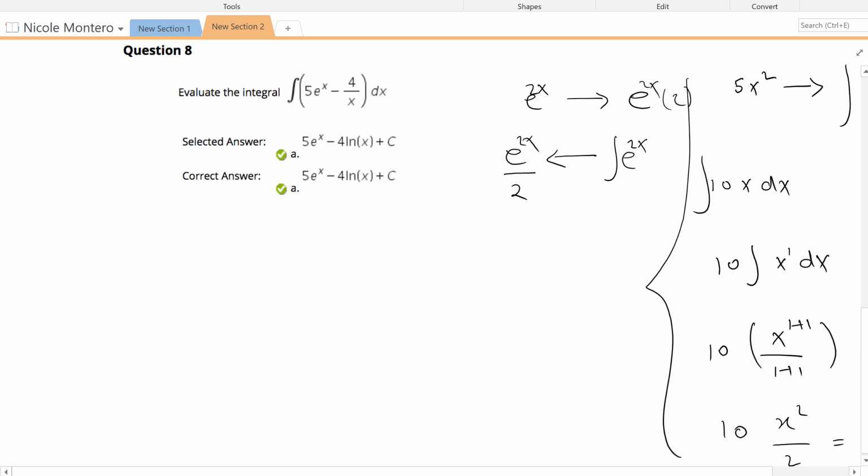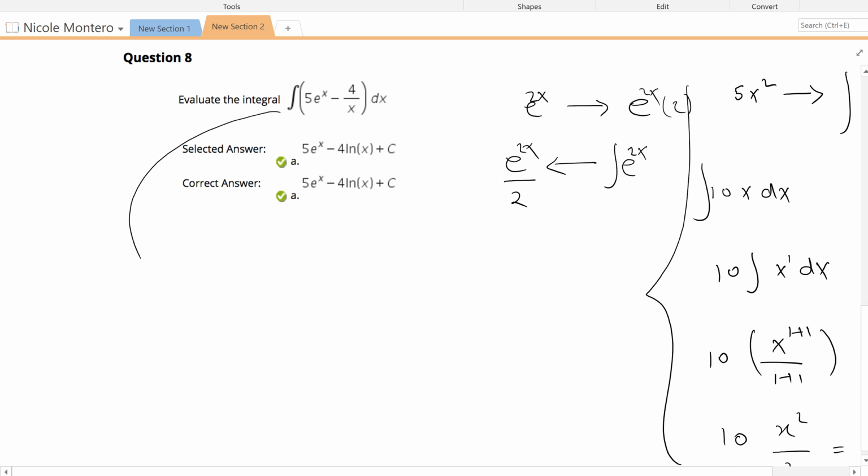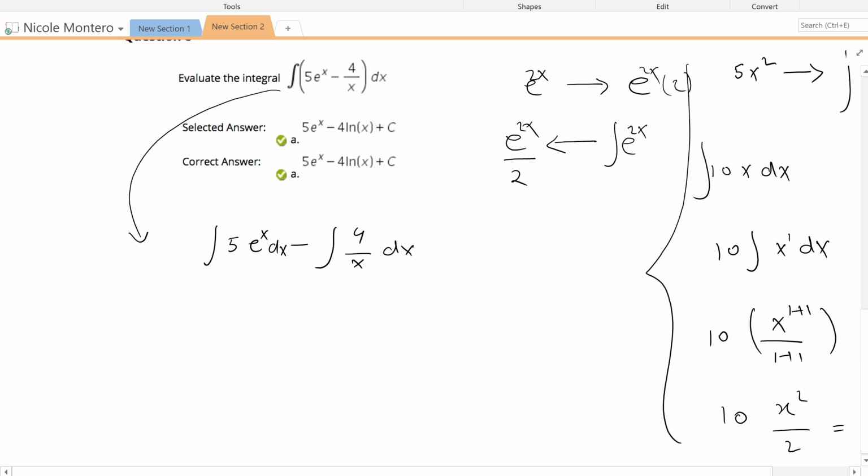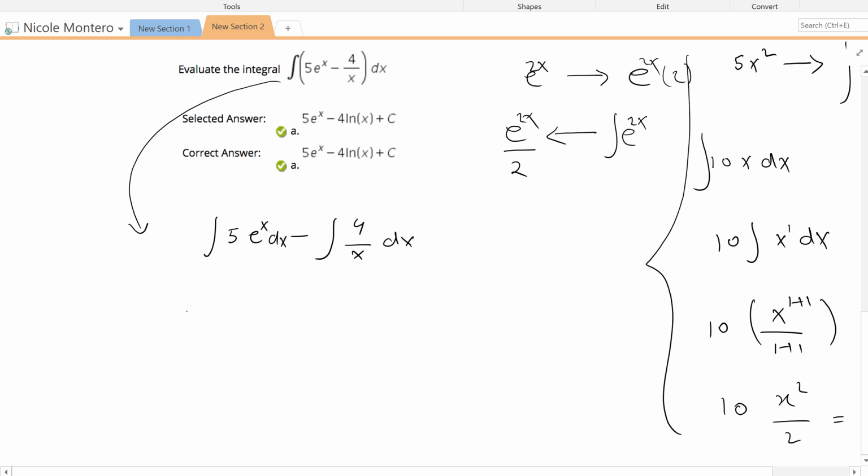Okay. So we do this one there. 5 is constant. You can even break it. You can do 2 integrals. So you do integral 5e^x minus integral of 4 over x, and you have to write dx after both of them. Now 5 is constant, so you can write it outside and you do the antiderivative of e^x dx.